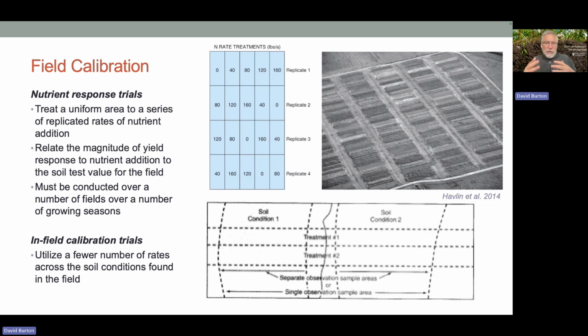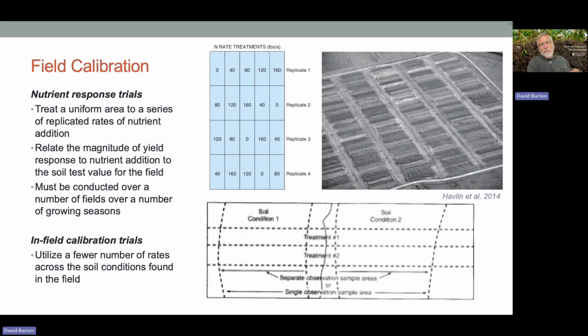It's a little bit challenging to get your head around how you do that, but once you've figured that out, it's actually a very powerful technique to understand how your fields behave. Because the other problem with some of these historic crop response trials is they're often done on experimental farms, which were the ideal soils. They located experimental farms on really nice land. Well, your land isn't necessarily as nice as their land.